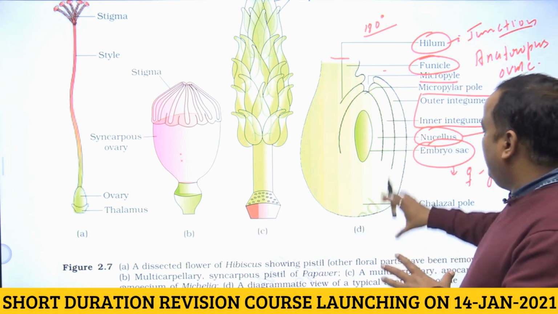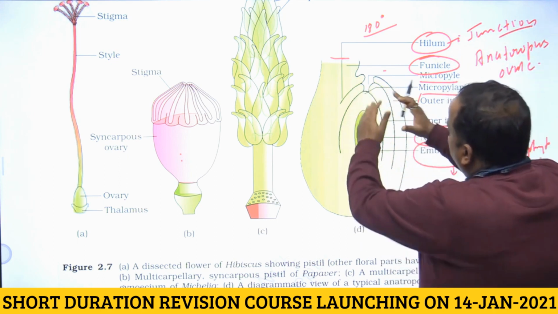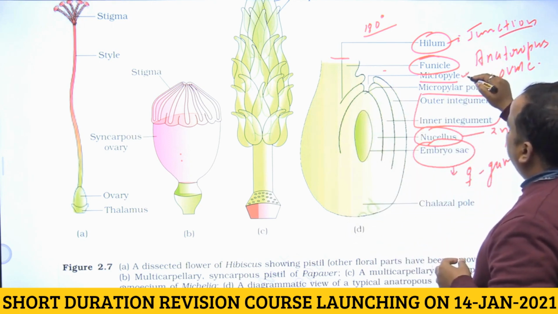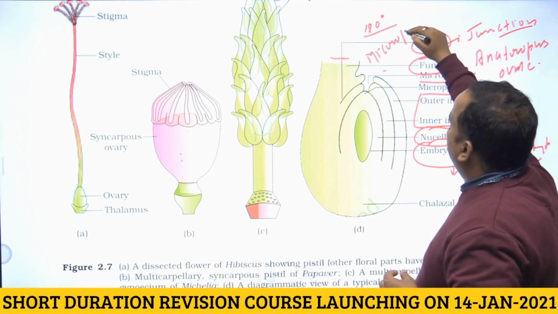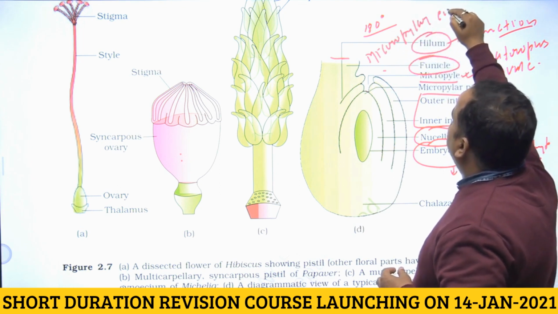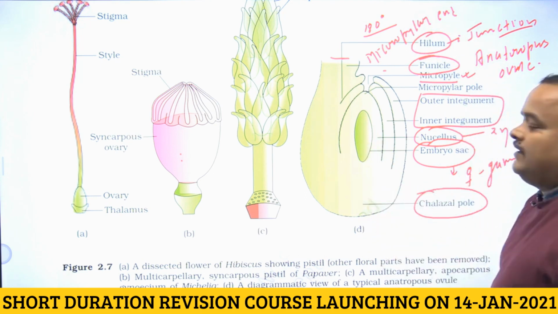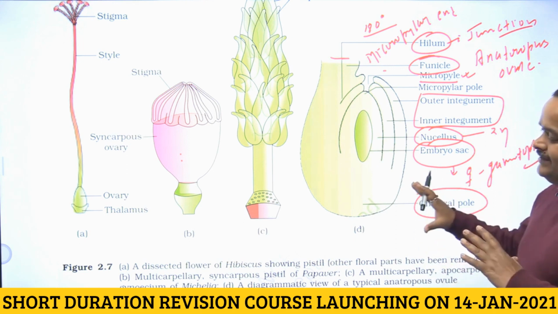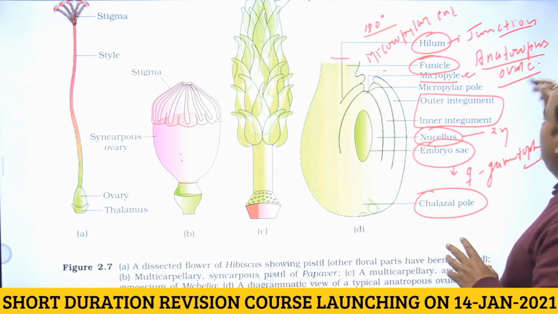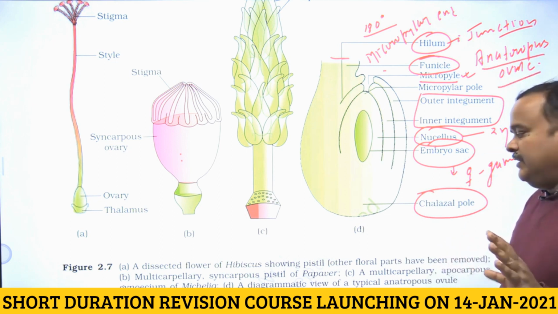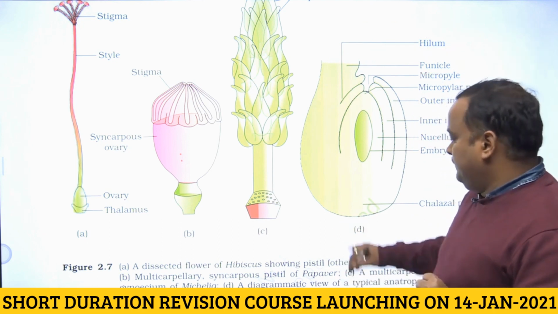So this is the structure of a typical ovule, and the integument will form an opening, and that opening is referred to as the micropyle, and this end is referred to as the micropylar end, and the end opposite to the micropylar end is referred to as the chalazal end or chalazal pole. So this is a typical ovule, the most common type of ovule. We call it the anatropous ovule, which is observed in angiosperms.